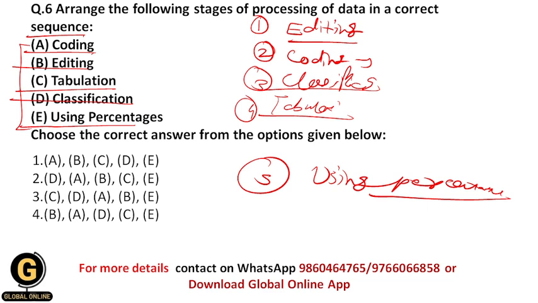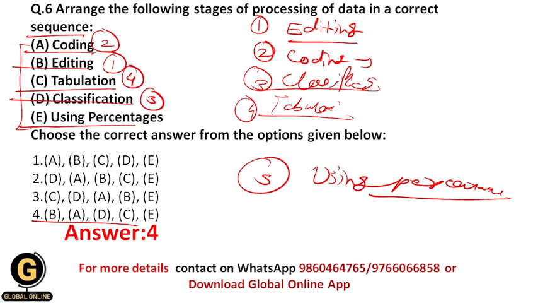Showing the data using percentages will be easier for readers to understand exactly what amount of data is available. That's why your correct answer should be 4, which is BADCE, because over here B, editing, will be your first stage, coding your second, classification your third, tabulation fourth, and using percentages will be the fifth stage.